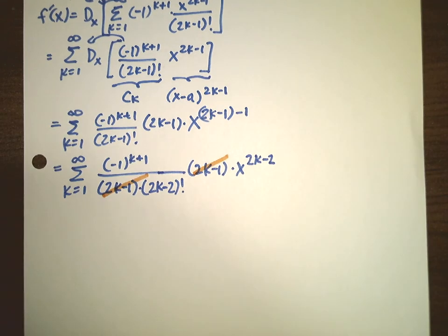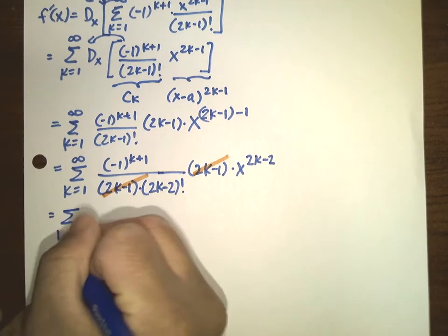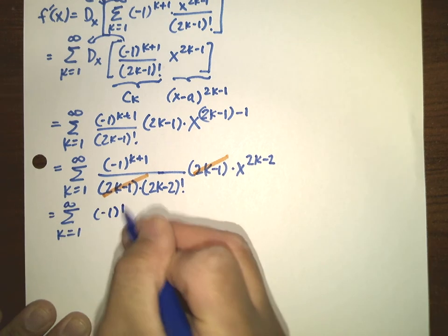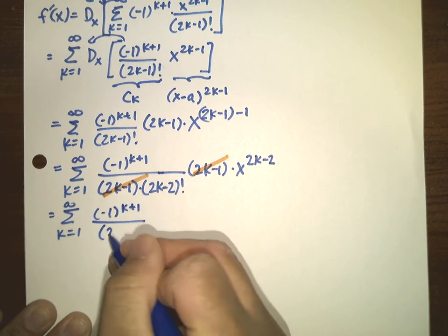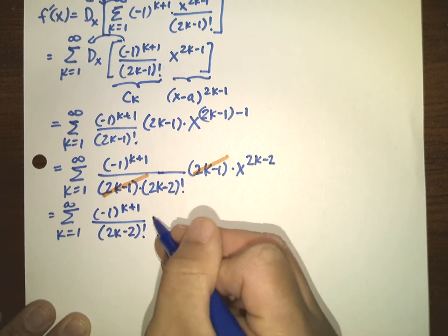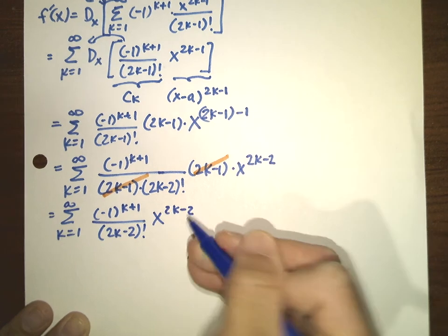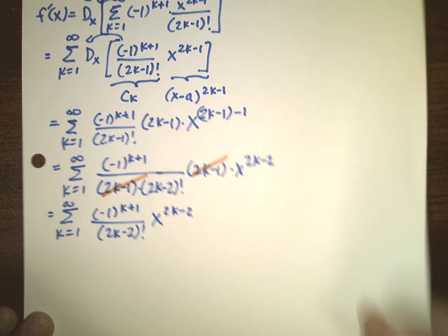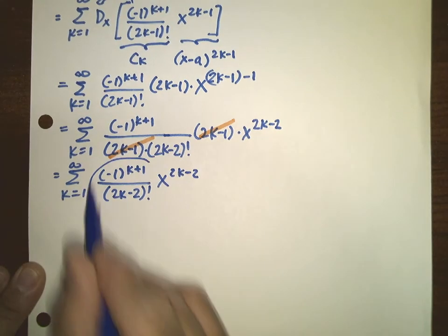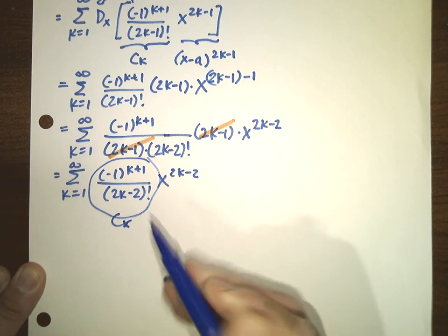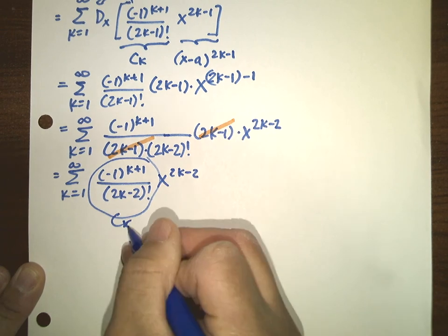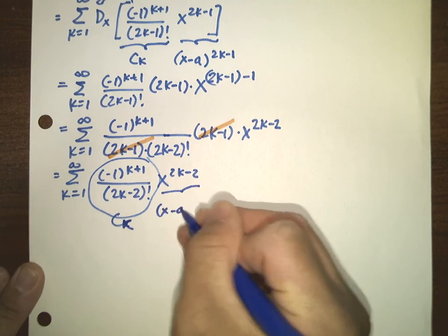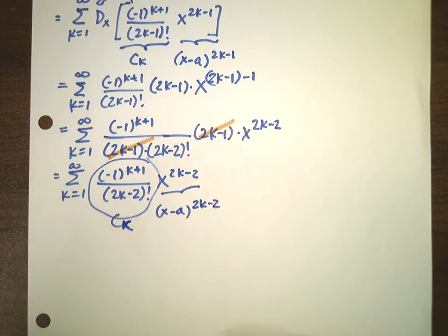I'm left with the sum k equals 1 to infinity of negative 1 to the k plus 1 all over 2k minus 2 factorial times x to the 2k minus 2. So this is going to be the ck, and this is x minus a to the 2k minus 2.